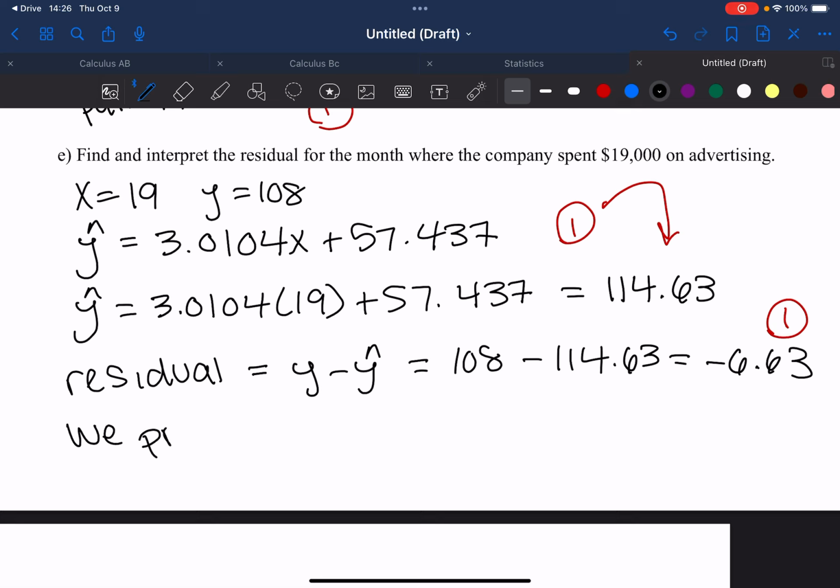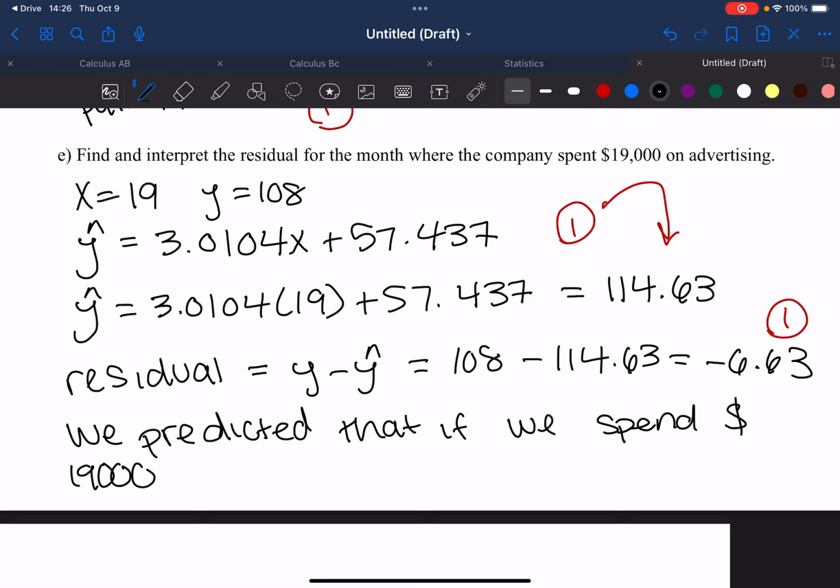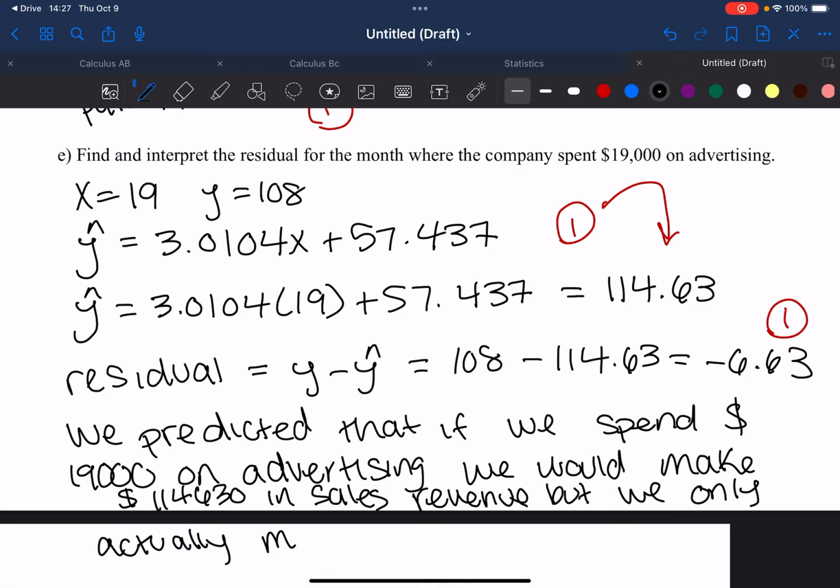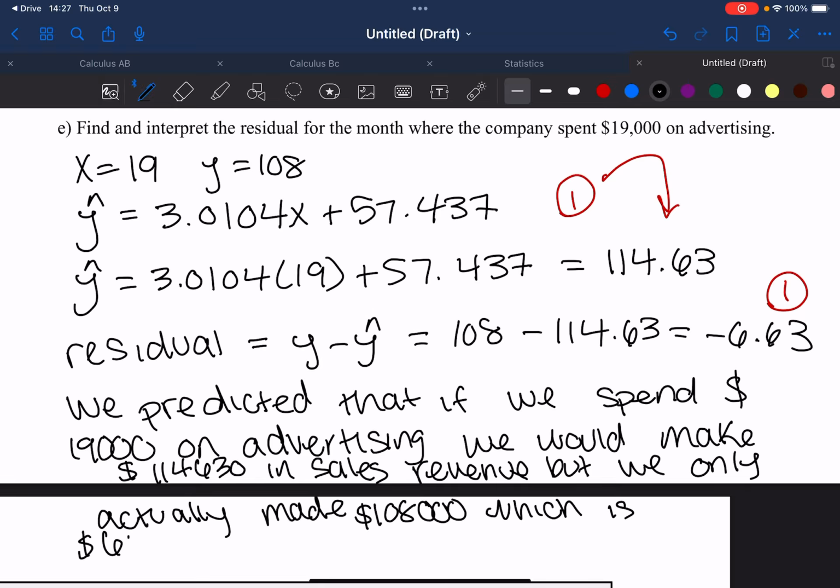So you would say, we predicted that if we spend $19,000 on advertising, we would make $114,630 in sales revenue, but we only actually made $108,000, which is $6,630 lower than expected.